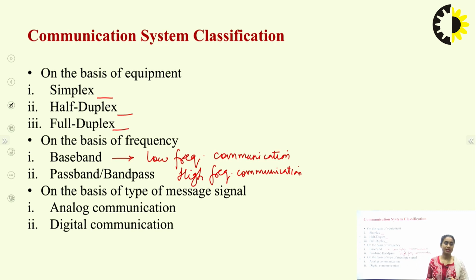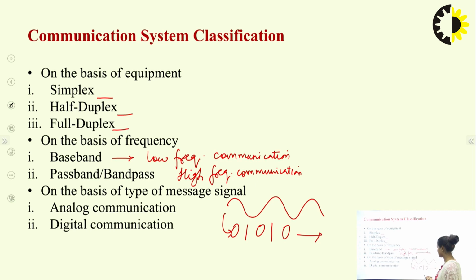So, if you're communicating using analog signals, the basic form of signals, on the basis of type of message signal. Now, if you're using digital communication, that means maybe you're converting those analog signals into digital, now you're transmitting these bits. That kind of communication is called as digital communication, right?